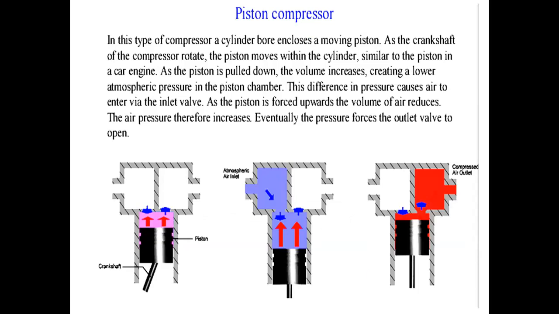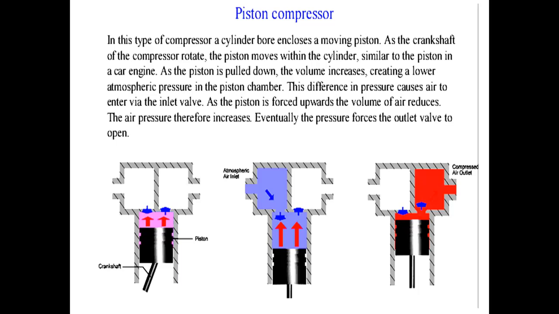As the crankshaft of the compressor rotates, the piston moves within the cylinder. Similar to the piston in a car engine, as the piston is pulled down, the volume increases, creating a lower atmospheric pressure in the piston chamber.